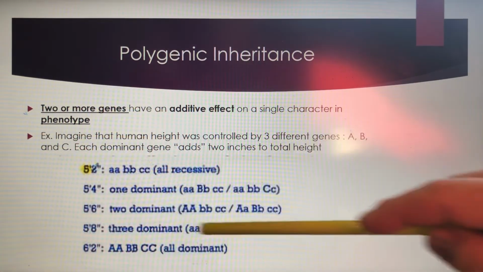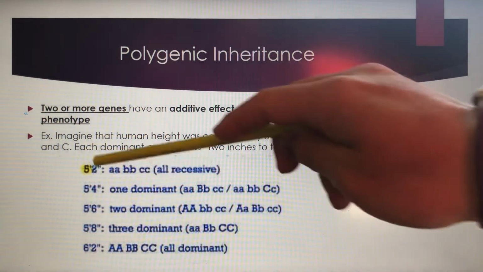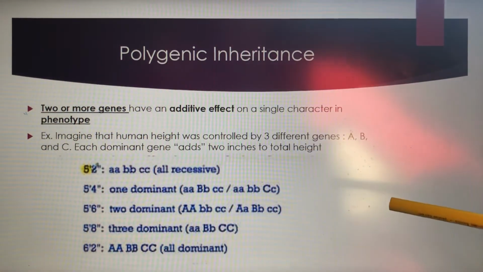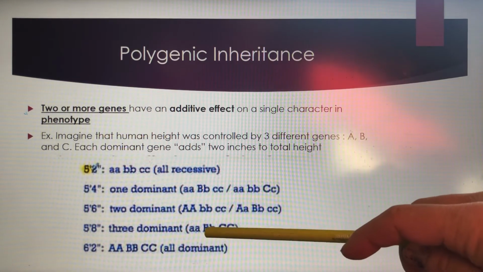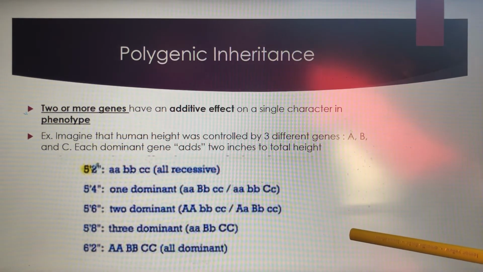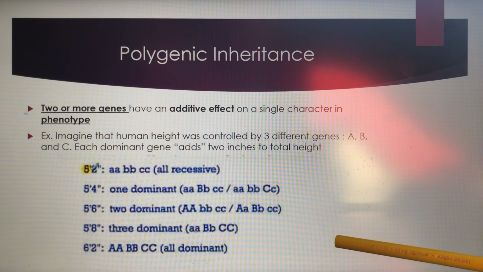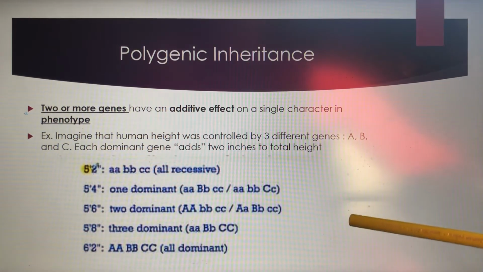Now, if you look at this one, you have 2 dominant, you have AA. So now they're going to be 4 inches taller than this first one with no dominant that was all recessive. So now they're 5'6". 3 dominant because you have the capital letter B and you have 2 capital C's. Now we're going to add 6 inches total because you have 2 inches for each dominant allele.